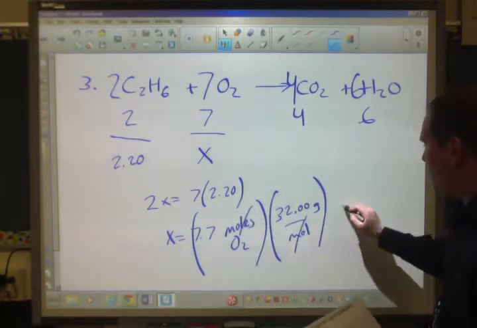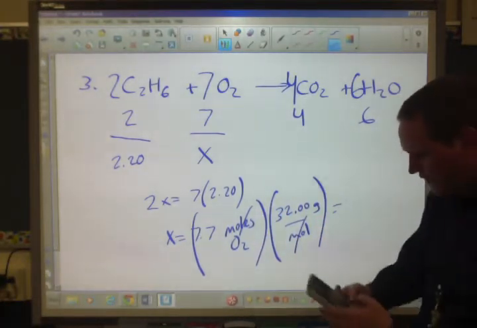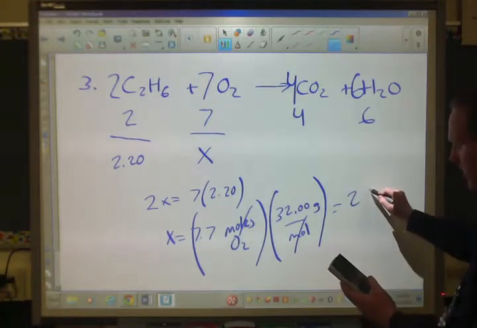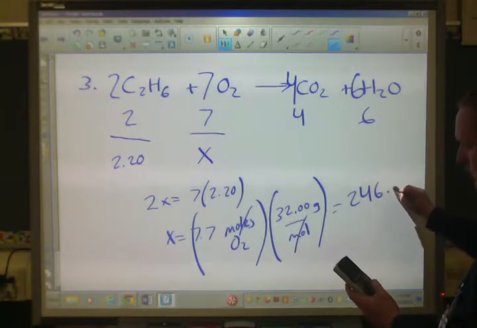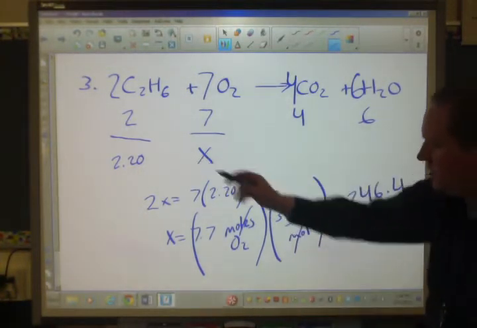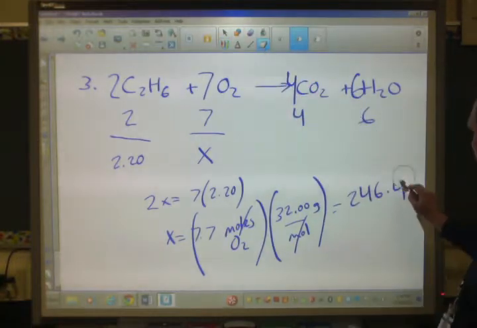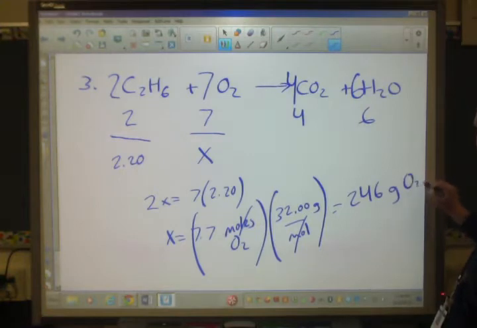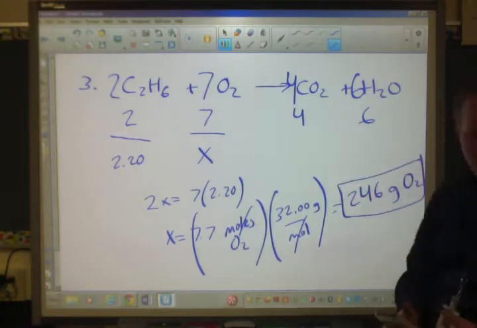Mole cancels mole. Times 32 equals 246.4. At this point I want to look back at sig figs, 3 sig figs, so I'll just call it 246. And my unit is grams of O2. There we go.